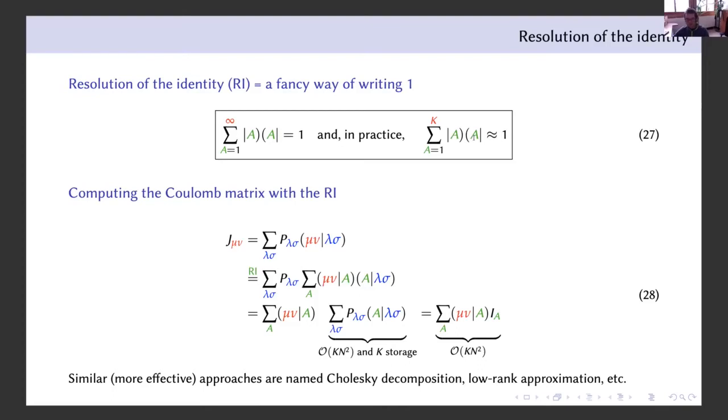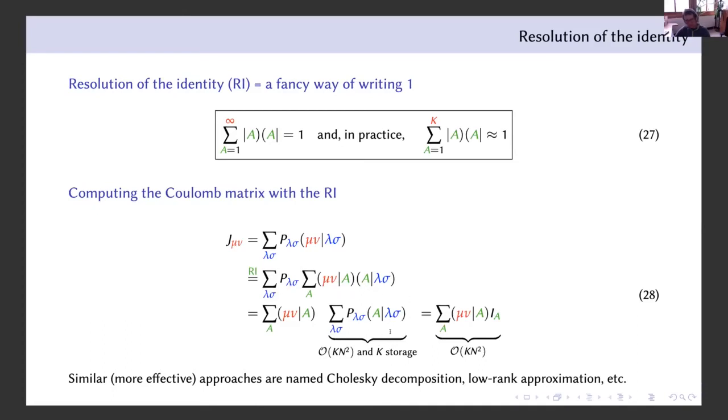We can take the example of the Coulomb matrix here. That's its definition again. Instead of this vertical bar here, I can introduce my resolution of the identity over here, and now I can factorize the different terms differently. I can take those blue terms here and put them together.